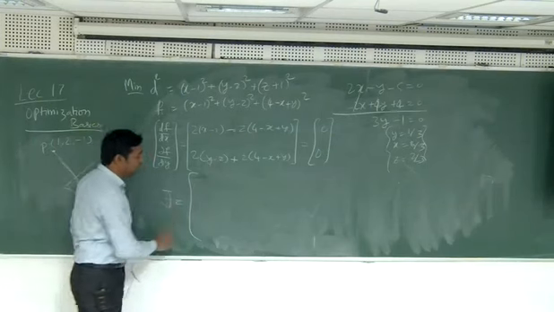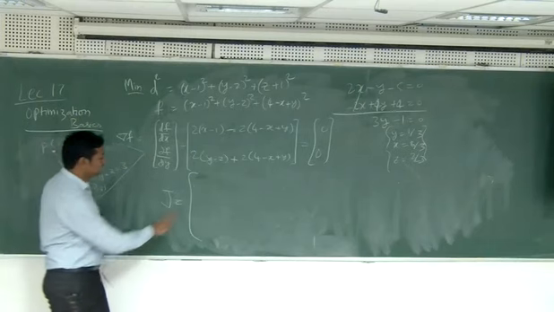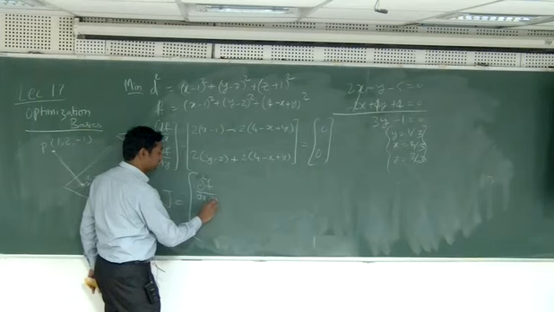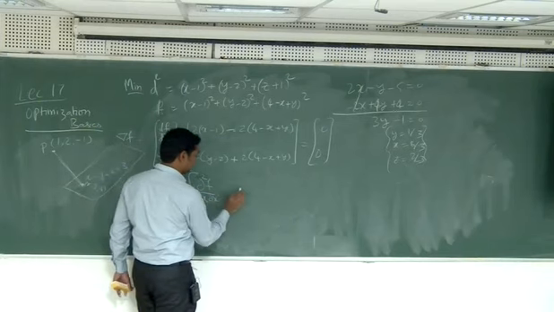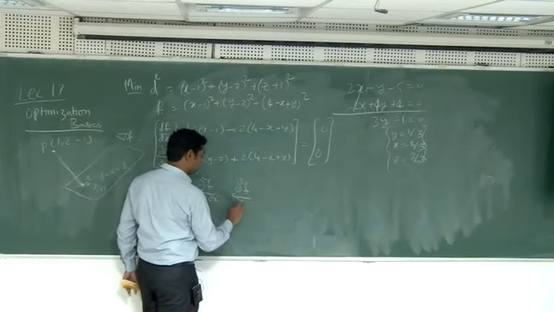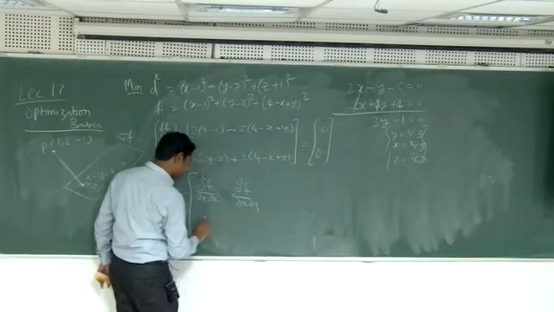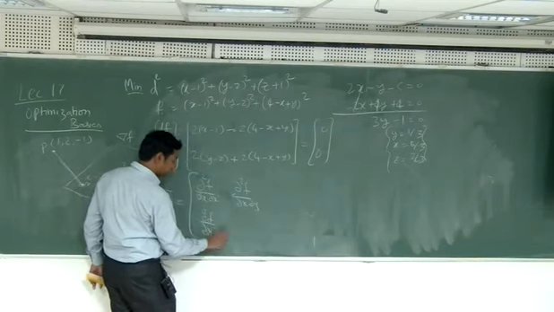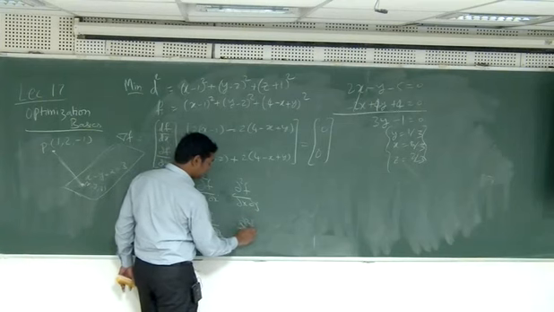So how will you get the derivative? So this is del square f by del x, like this, del y del x. Okay.